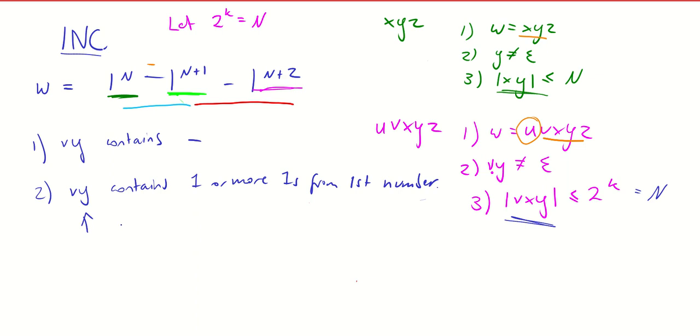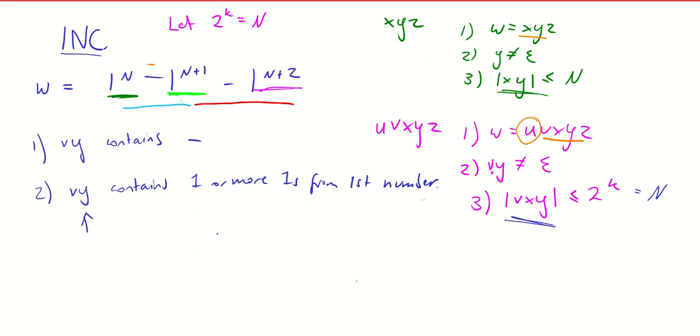But it's not necessary for you to go through and write out each of these pretty colors as their own case. Because notice that with this brighter green, so with this second number, if our VY contains one or more ones from our second number and we pump upwards, then we'll end up with a number that's bigger than our third number, thus violating the rules of increasing.